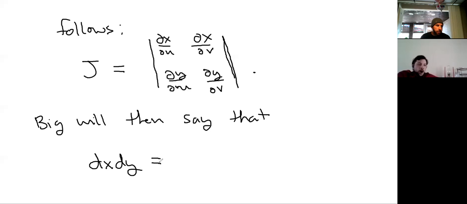So what would we expect this to be? We expect this to be nothing more than J du dv. So I forgot to write this with the big theorem.